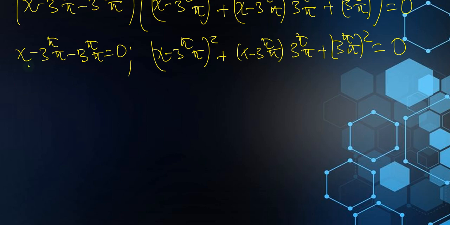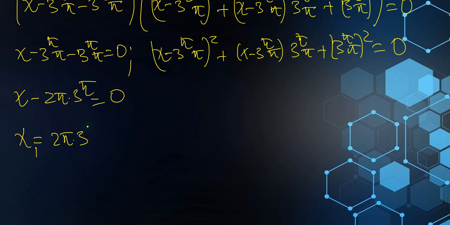So from here we're going to have x minus, well, this term twice, right? This is 2, so I'm going to have 2 pi times 3 to the pi, and then this is equal to 0, so x is equal to 2 pi times 3 to the pi, or we can say 3 to the pi times 2 pi, it's going to be the same thing.